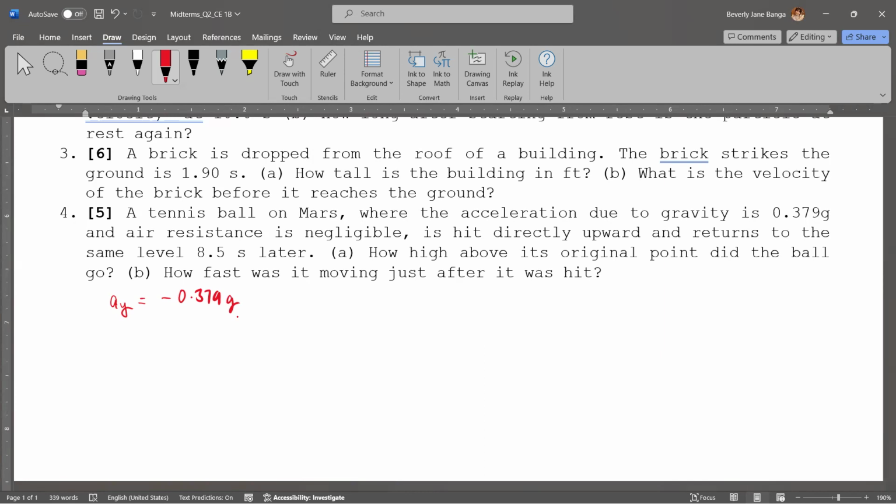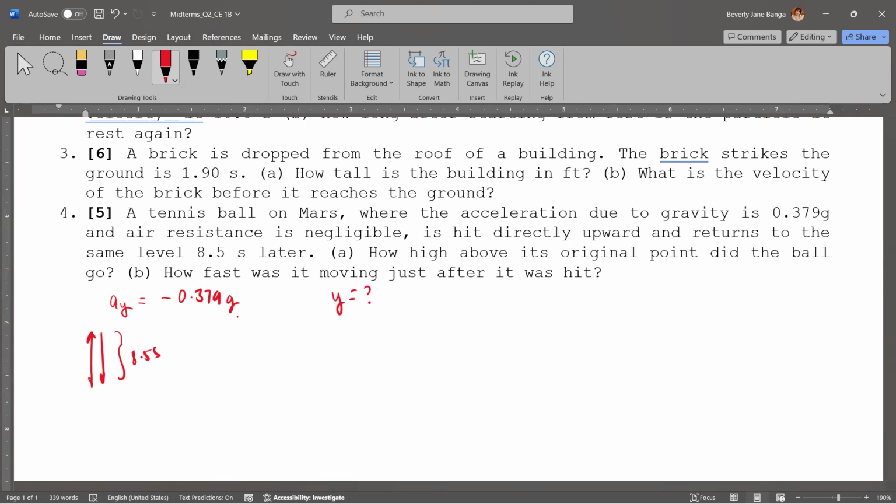So this means that the initial velocity is more or less not zero and returns to the same level 8.5 seconds later. So kung kunwari tinamaan mo siyang paganyan, pagbalik niya dito, this is a complete 8.5 seconds. Okay? How high above the original point? So we're looking for y.